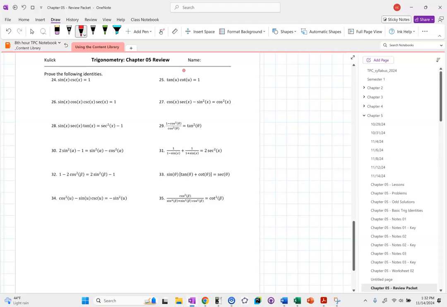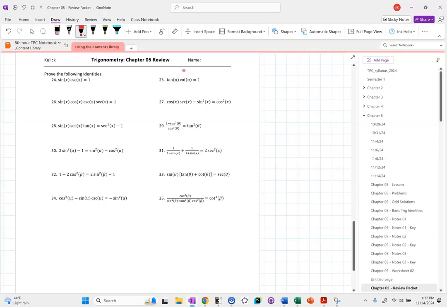Some of us do something here and it goes around and back across, and it's very difficult for me to follow your work and figure out what step came in what order. I will penalize you on the test if you don't do an effective job of communicating to me what you did. Okay?